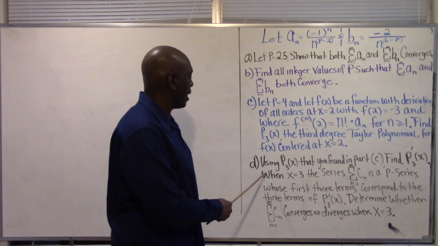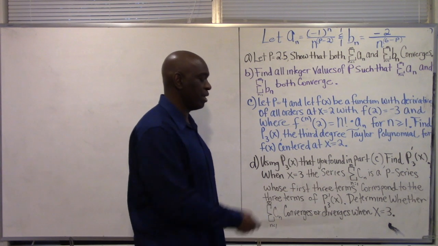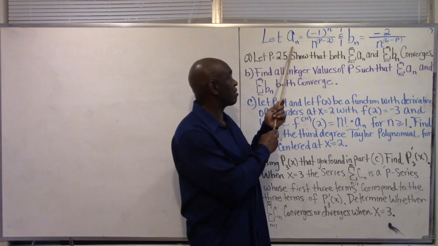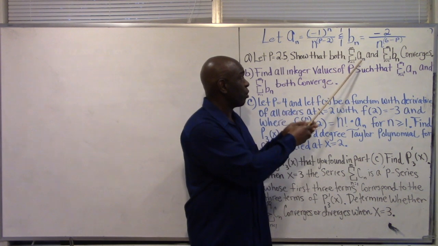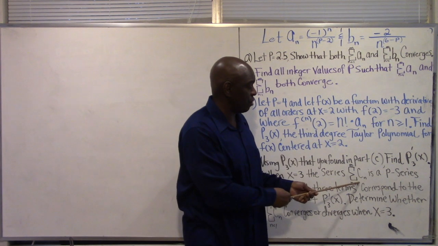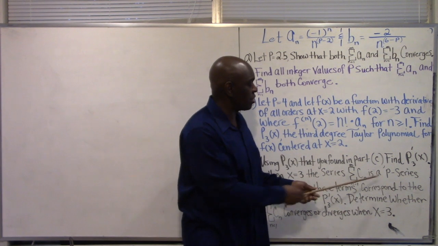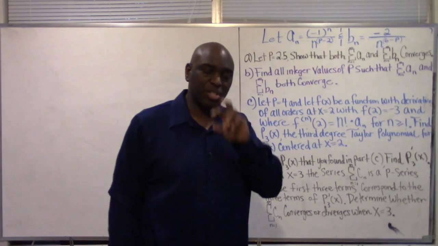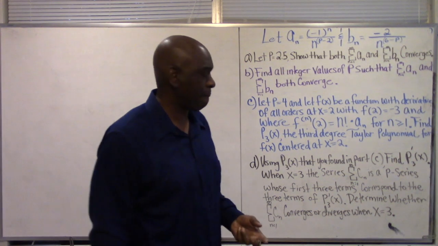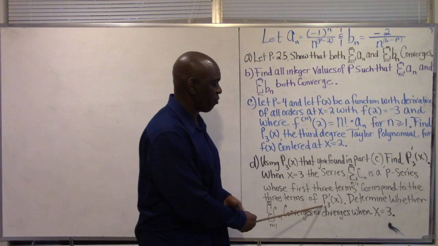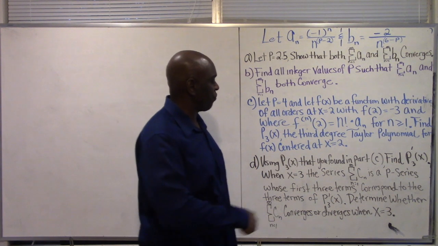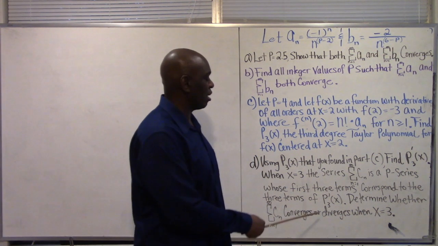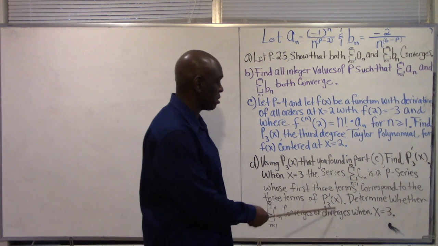And then when x equals 3, this new series, c subscript n, which is not this sequence, nor this sequence, nor this series, nor that series, but we have another series here. Now this series is a p-series whose first 3 terms correspond to the derivative of our Taylor polynomial from part C. So the first 3 terms of this series correspond to the first 3 terms of the derivative of the Taylor polynomial here.